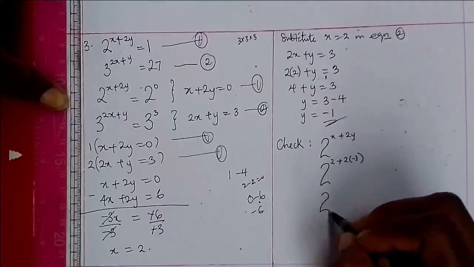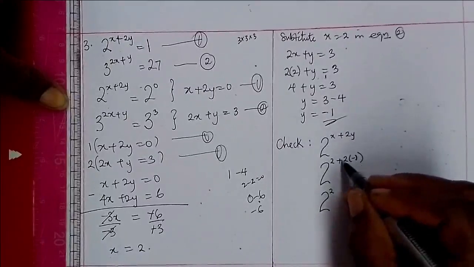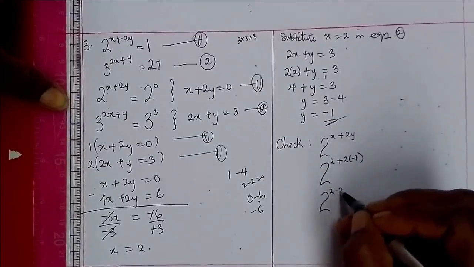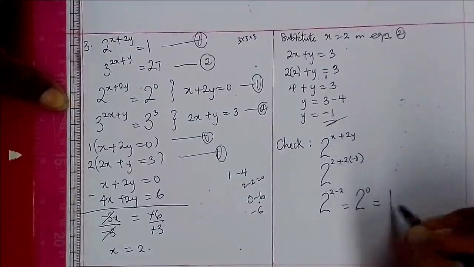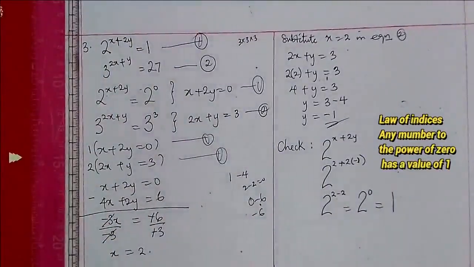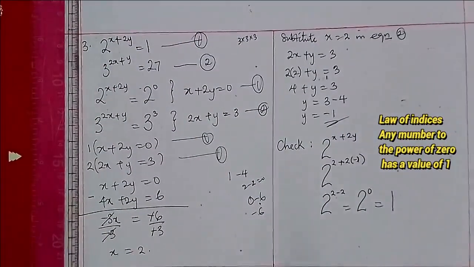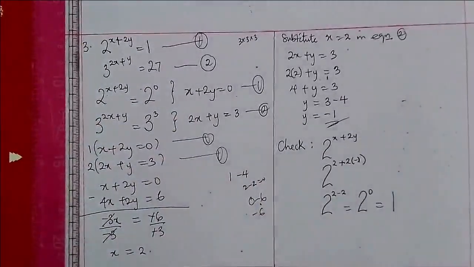So we have 2 raised to the power of 2 minus 2, which is 2 raised to the power of 0, and that is equal to 1. You can see that if we apply our values of x and y back again, it gives us back what we are looking for.